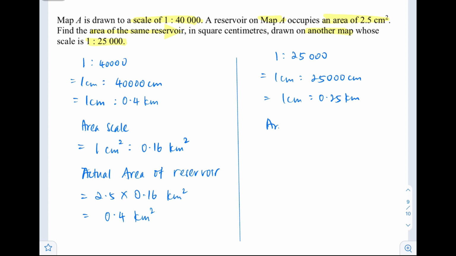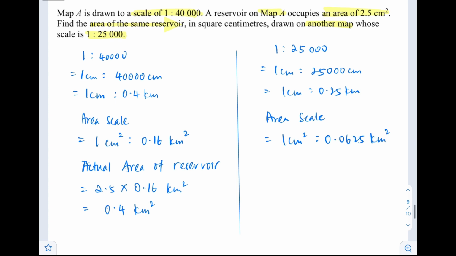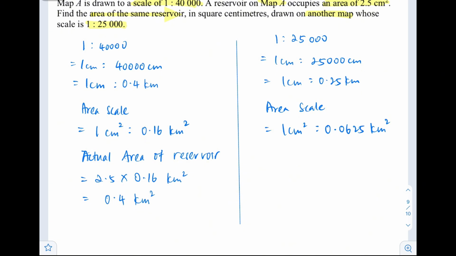And so the area scale for this new map must be 1 cm squared is to 0.25 squared, which is 0.0625 km squared. So in other words, in my new map, 1 cm squared represents 0.0625 km squared. And my actual reservoir is 0.4 km squared.